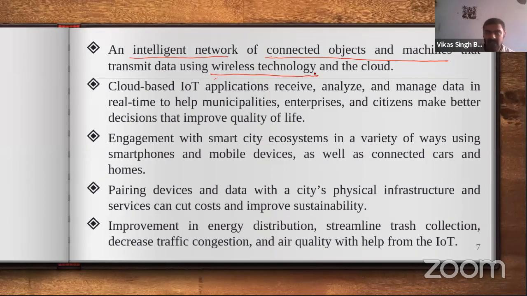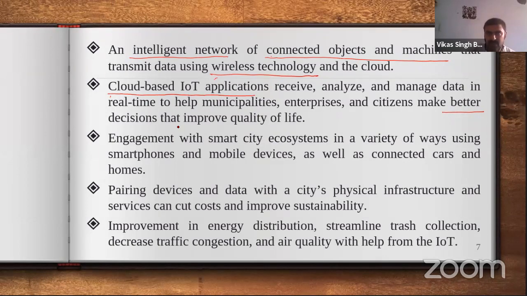For this communication purpose, we need IoT application devices, and for storing that large amount of data, these cloud-based IoT applications are used. The data which we are receiving from different devices with the help of sensors will help the stakeholders make better decisions, and these decisions will be made for the improvement in quality of life.